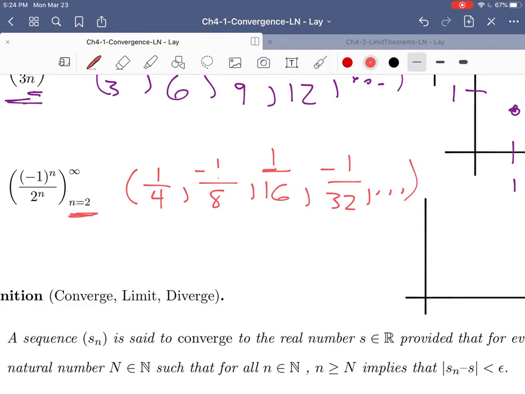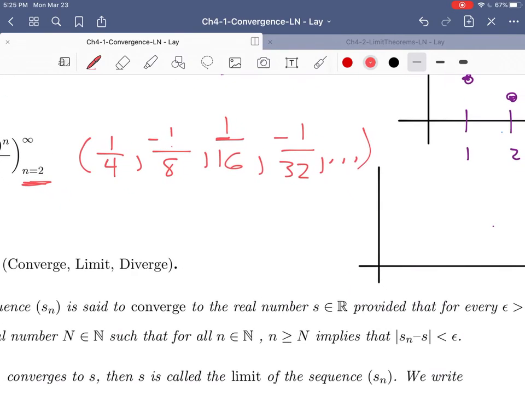All right, so as our value of n goes up, our denominator is being multiplied by an additional 2. Our numerator is being multiplied by an additional -1, and so it's going to alternate signs. All right, and so this graph is going to look like when we have n is 2 out here, we're at 1/4.